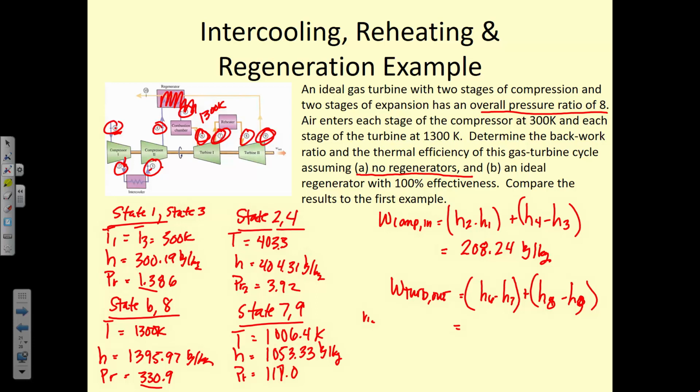Which gives us 685.28 kilojoules per kilogram. So we can find our work net is equal to the work of the turbines minus the work of the compressors, which is equal to 477.04 kilojoules per kilogram.